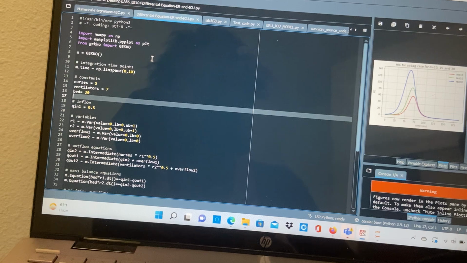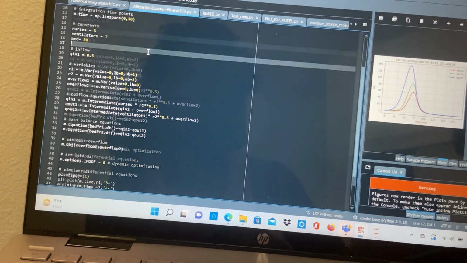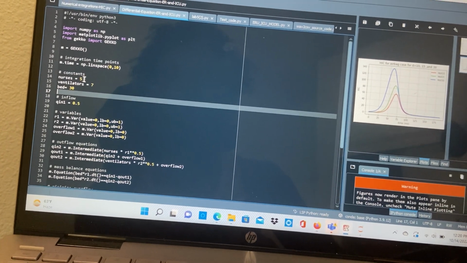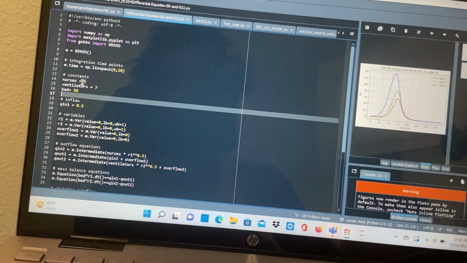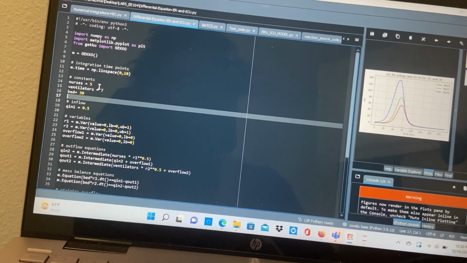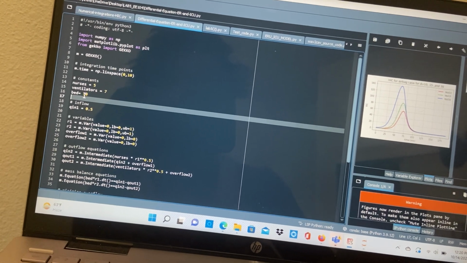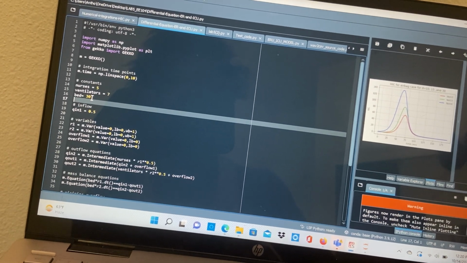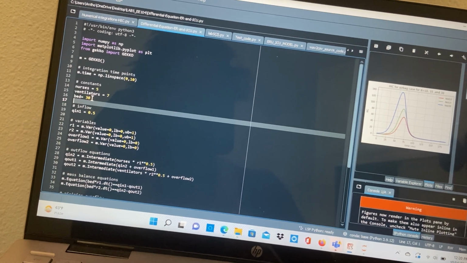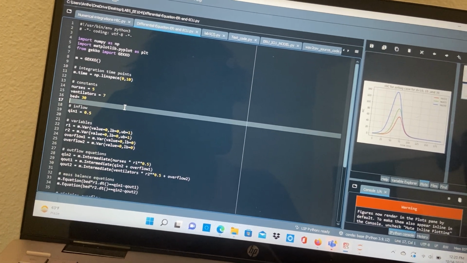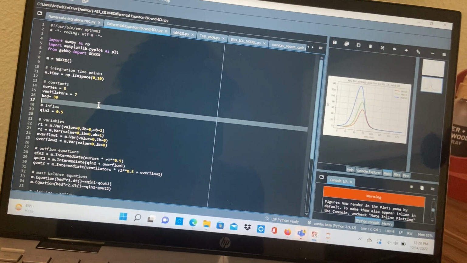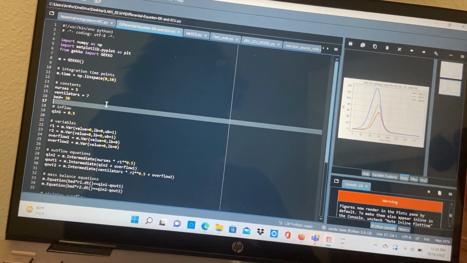You can see the model that I did here. In the hospital there are only 5 nurses, 7 ventilators, and 30 beds. The bed is the area of the hospital we are trying to model.